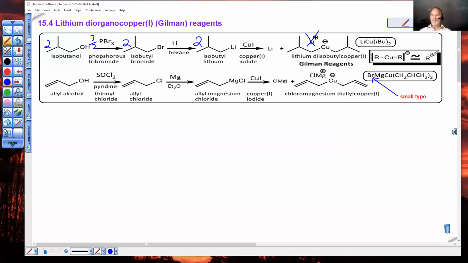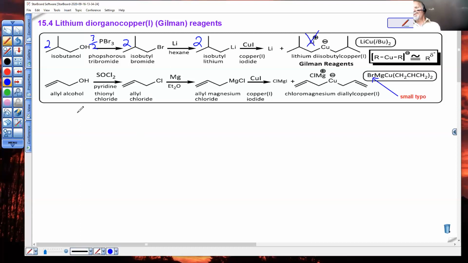And there's a good reason for this, because copper as a metal has a relatively high electronegativity. It's not a very ionic bond. Copper's electronegativity is in the realm of 2. So these are what we call softer carbon anions. And there we have it. And we have Gilman. Gilmans do different things than organolithiums and Grignards.